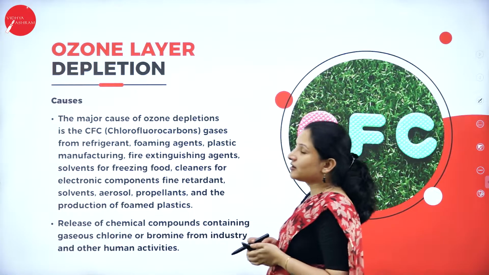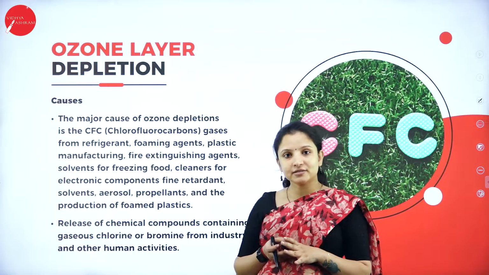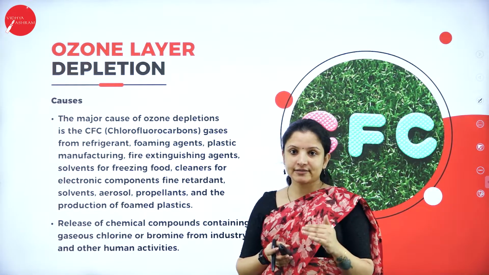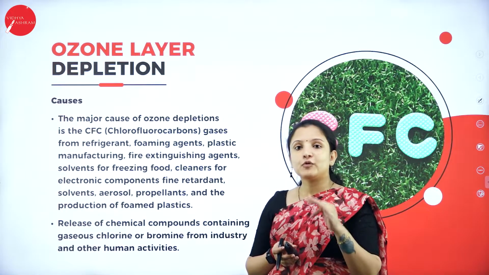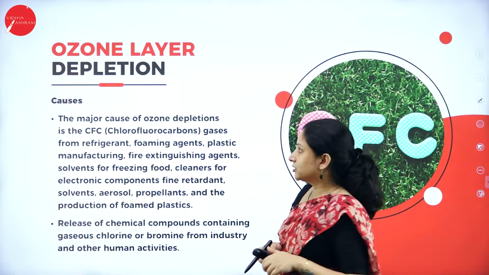Let's study the reasons for ozone layer depletion. I told you why the ozone layer is important: it prevents the entry of ultraviolet rays into the earth's atmosphere. Therefore it prevents a lot of problems that can occur to the living organisms on earth.